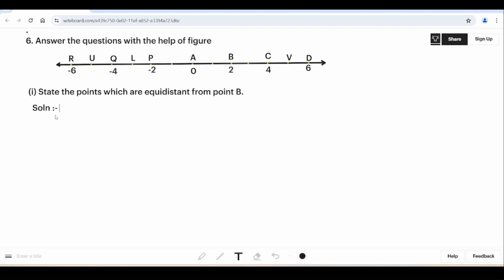So first we'll consider points A and C, which have coordinates.